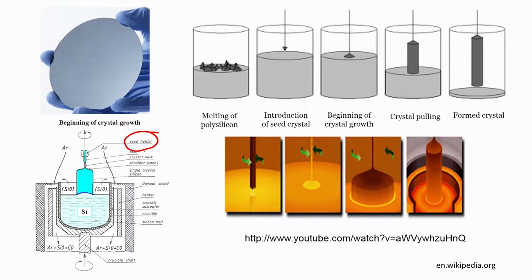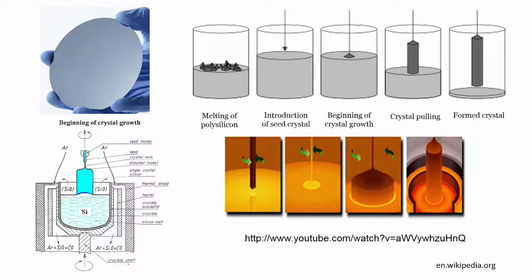This is a seed holder, and the seed crystal is inserted into the silicon melt. The polysilicon is heated at a high temperature so that it becomes a melt, and then this rod is inserted and pulled out slowly in a uniform fashion, such that you start forming single crystal silicon.